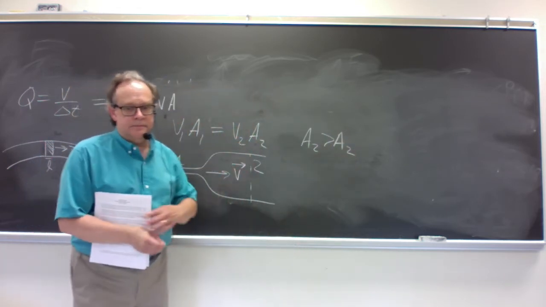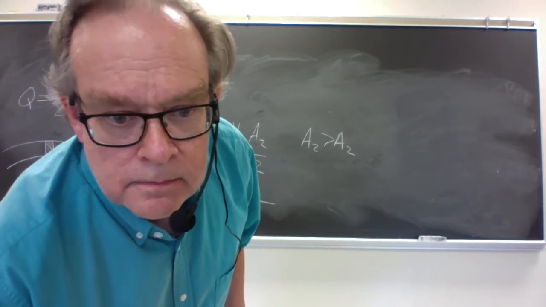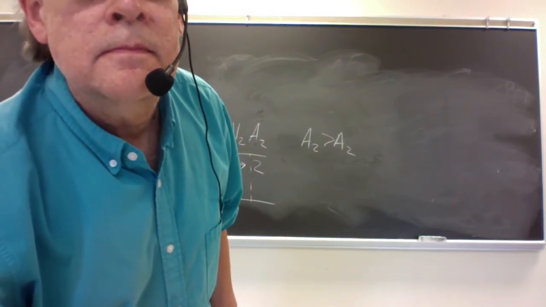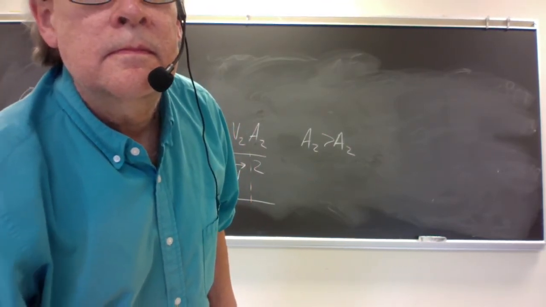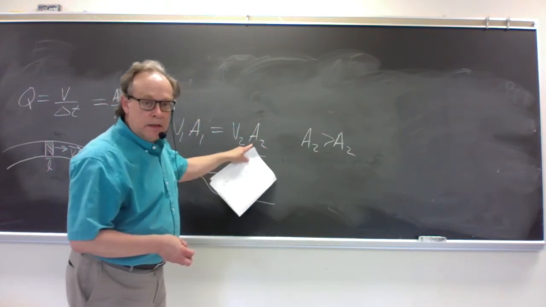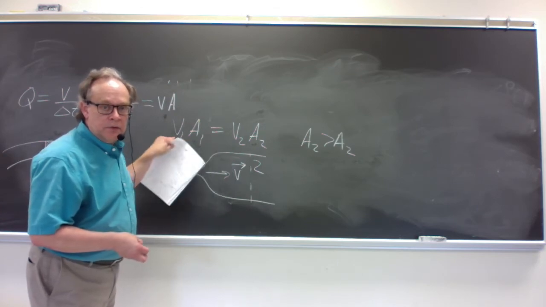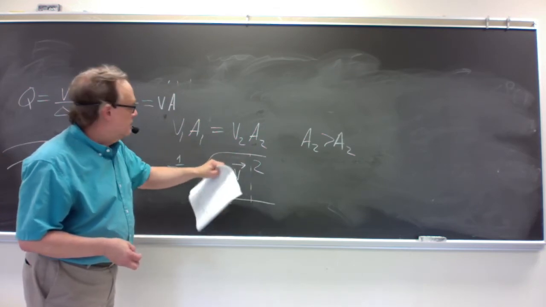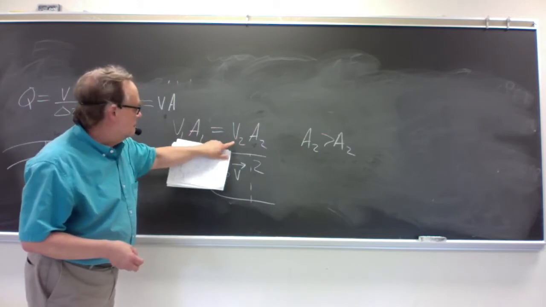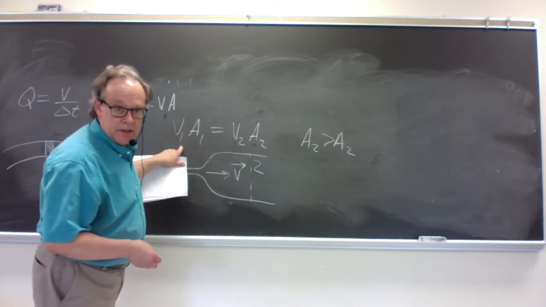This factor is bigger than this factor. So in order to keep this product equal to this product, if this number is larger than this, then this number has to be smaller than this.